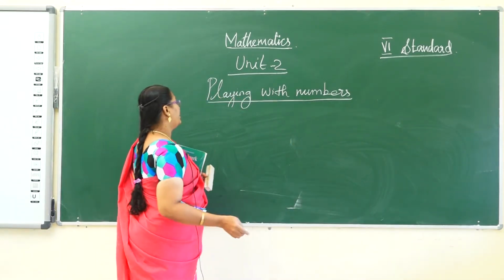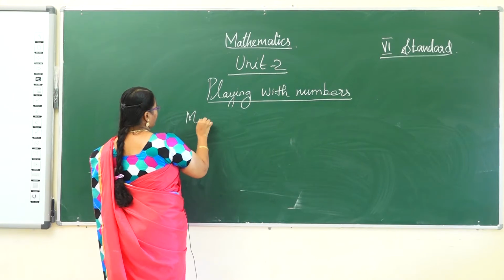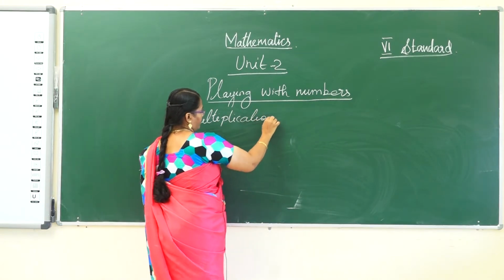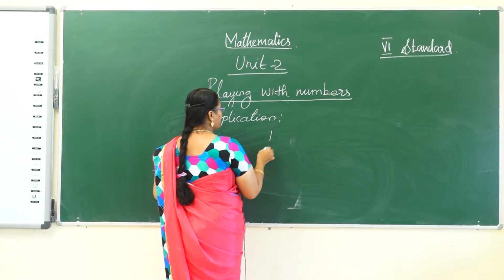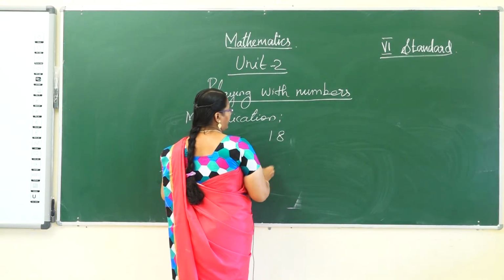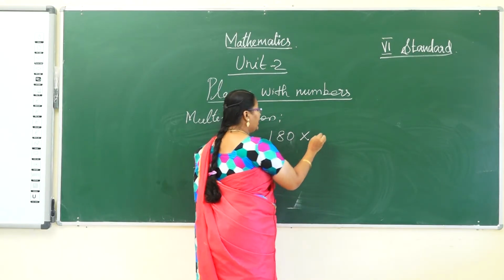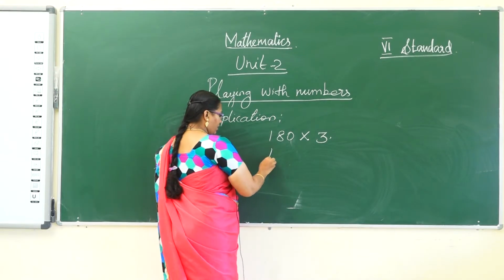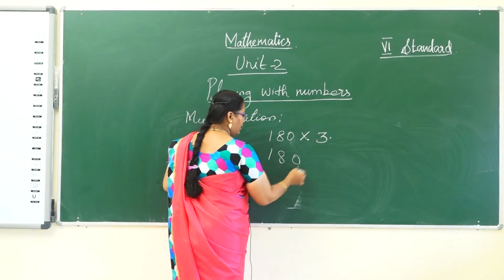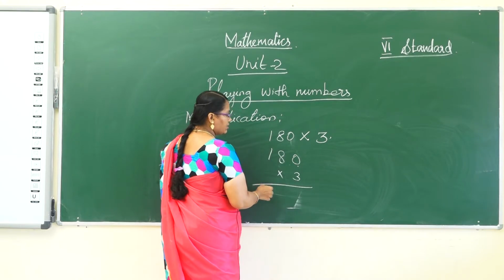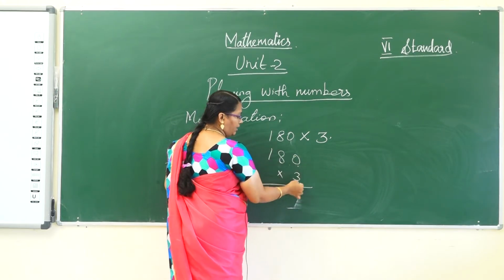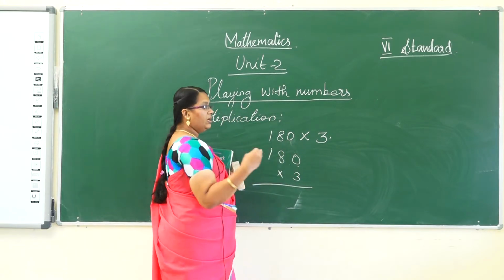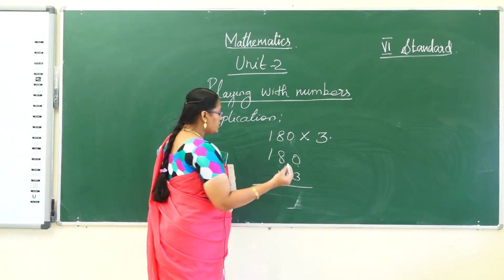And next, multiplication. You know multiplication. How do you multiply? For example, 180 multiplied by 3. Any number multiplied with 0 is also 0.